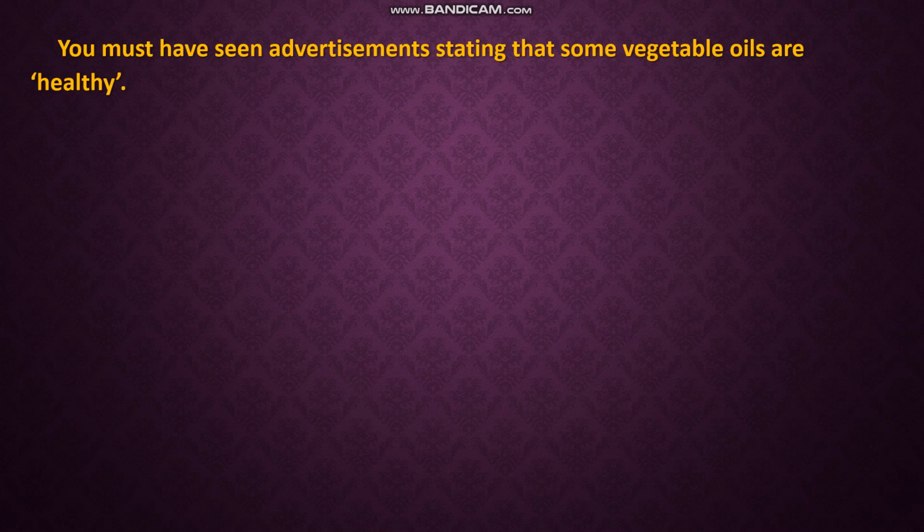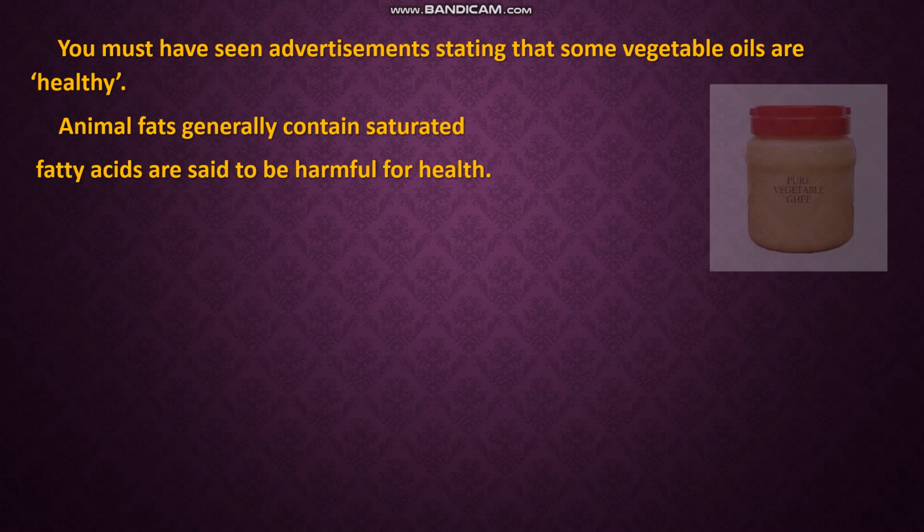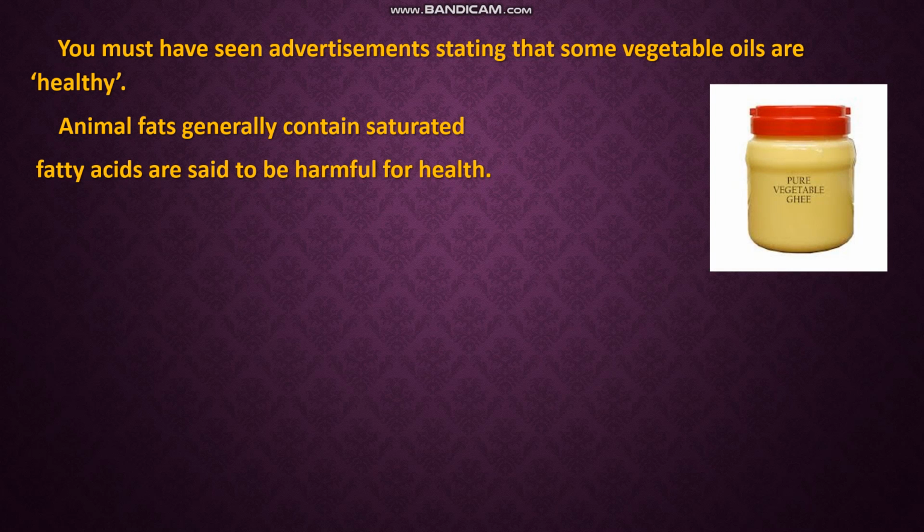Now you must have seen advertisements saying that some vegetable oils are healthy. Which vegetable oils are healthy? Mainly the sunflower oils. What is the reason for this? Let us see. Animal fats generally contain saturated fatty acids, which are said to be harmful for health. What is this fatty acid?